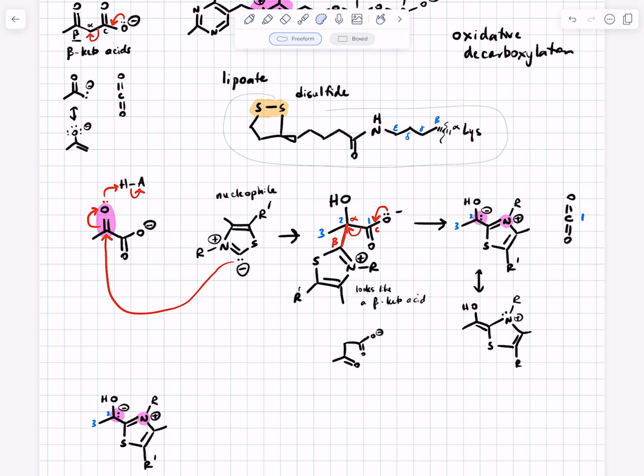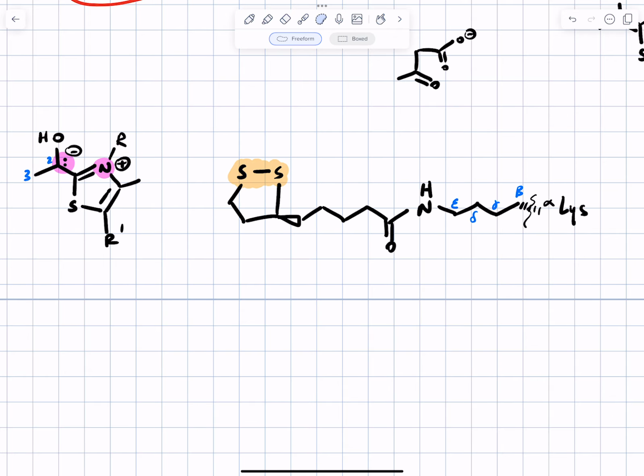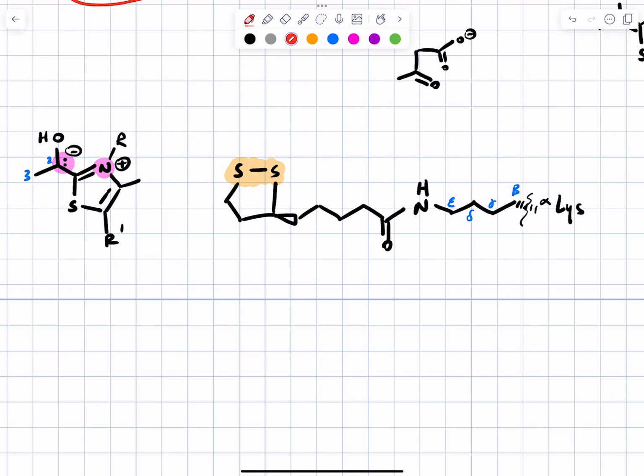And we'll use lipoate as an electrophile. This is actually basically an oxidation step. Lone pair electrons on the alpha carbon 2 are going to attack the disulfide.